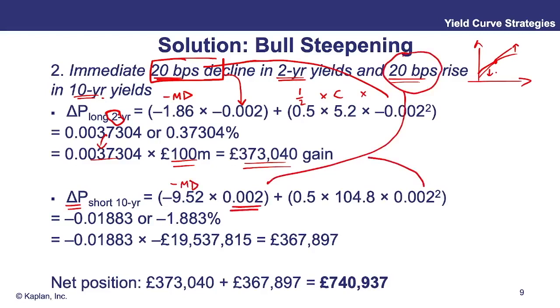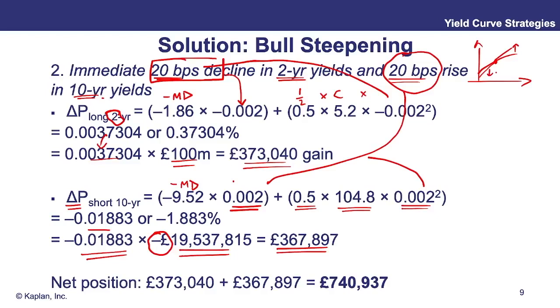There's my modified duration, negative modified duration technically, multiplied by the change in yield, plus the convexity adjustment, always positive, 1/2 of the convexity of the longer bond multiplied by the change in yield squared. That comes out at minus 0.01883 or negative 1.883%. You can take that and multiply it by your negative market value to get a gain. Don't forget you sold those longer dated bonds, so a fall in price is a good thing.